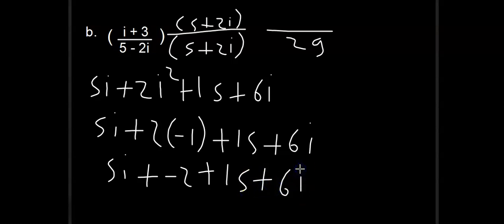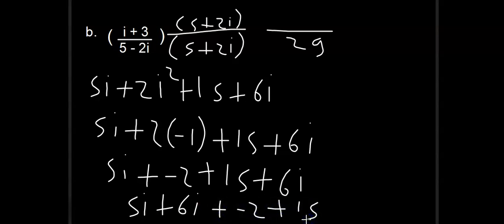Okay, now let's collect like terms, so imaginary with imaginary. So this will be 5i plus 6i, these two are imaginary, and then -2 plus 15. So 5i plus 6i is 11i, and then -2 plus 15 is 13.